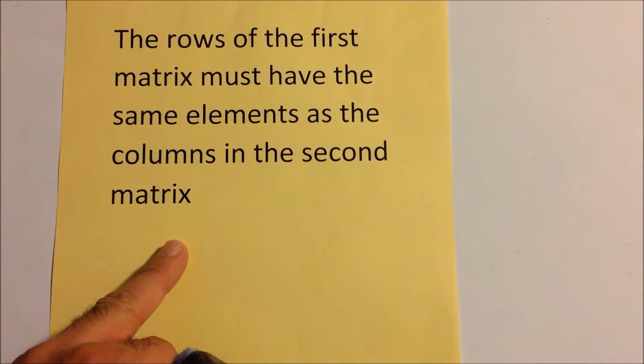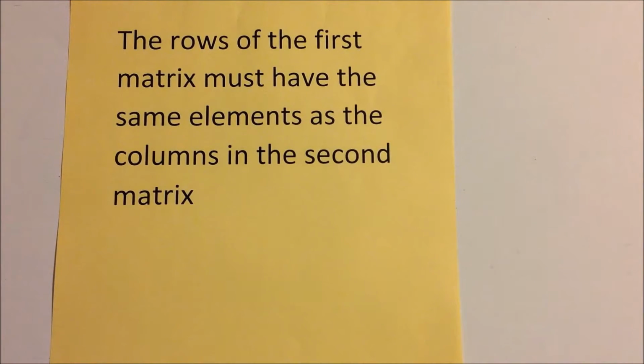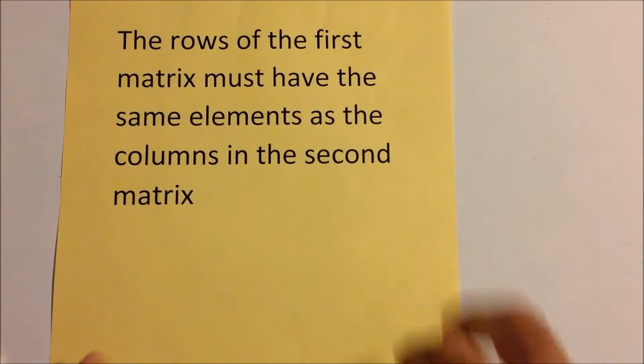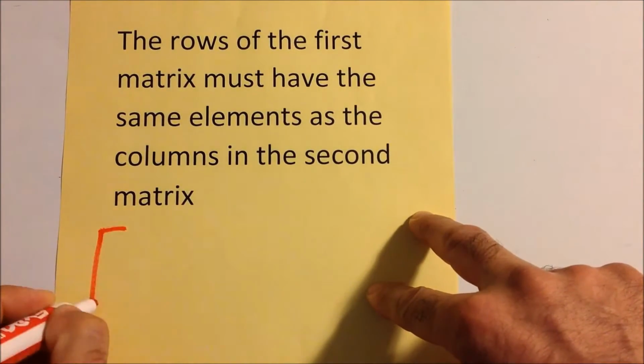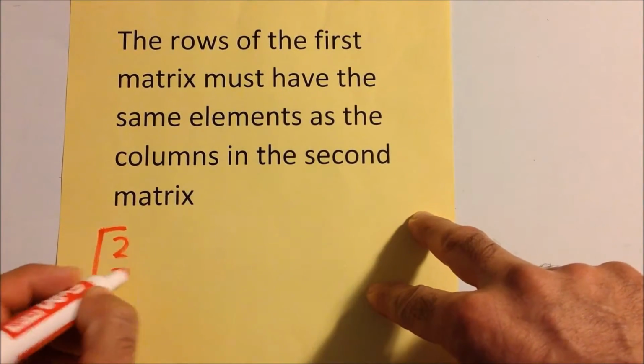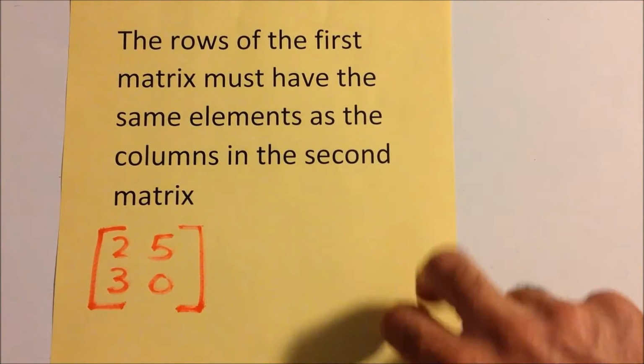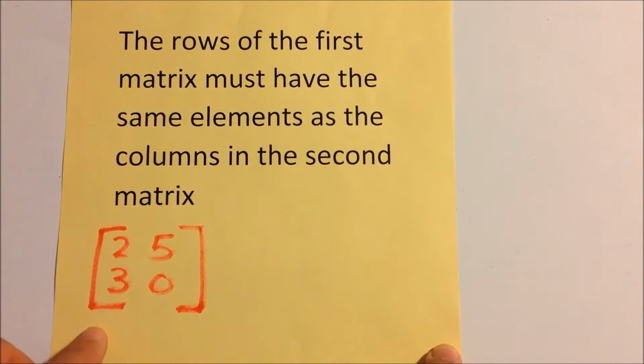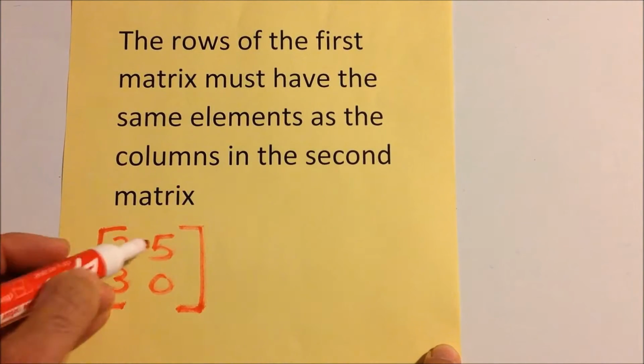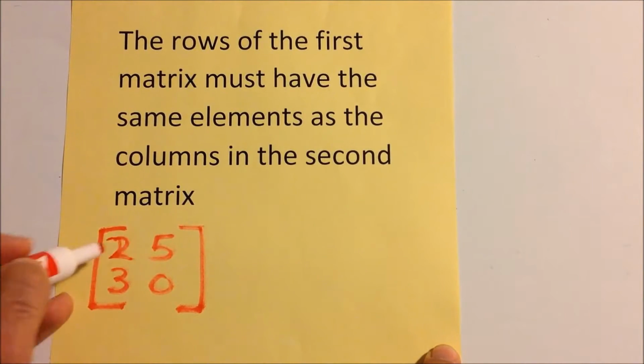First thing we should know is the rows of the first matrix must have the same number of elements as the columns in the second matrix. So for example, here's a first matrix. Let's put any numbers in here. So here we have two rows, and in one row there are two elements.